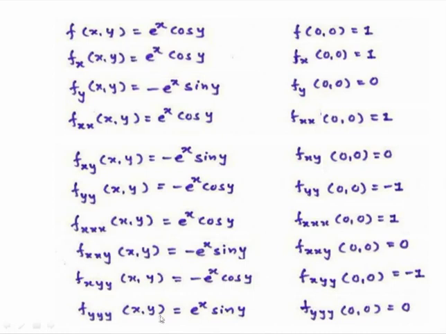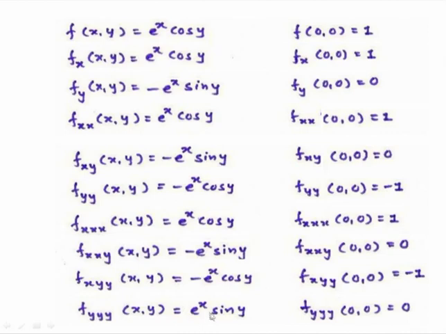So fyyy at the point (x, y) is the partial derivative of the f function with respect to y, three times. e raised to x is constant because it does not contain any y, and the derivative of cos y is minus sin y, then minus cos y, and then again minus sin y.